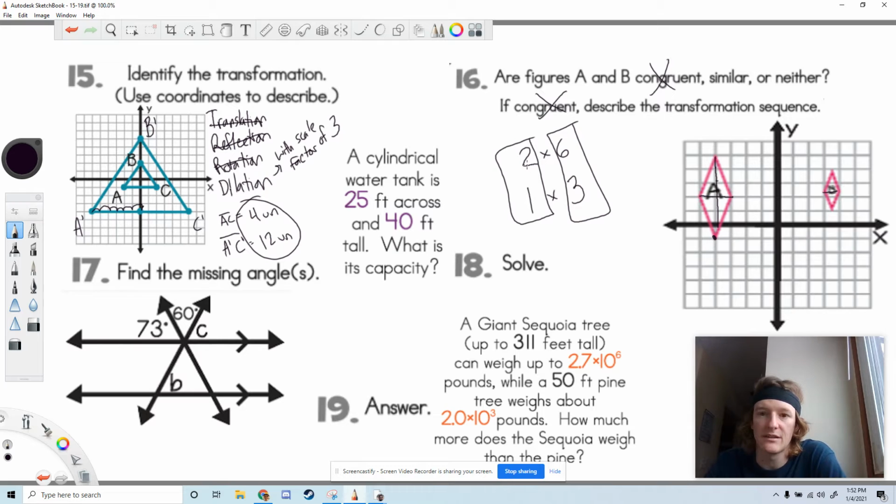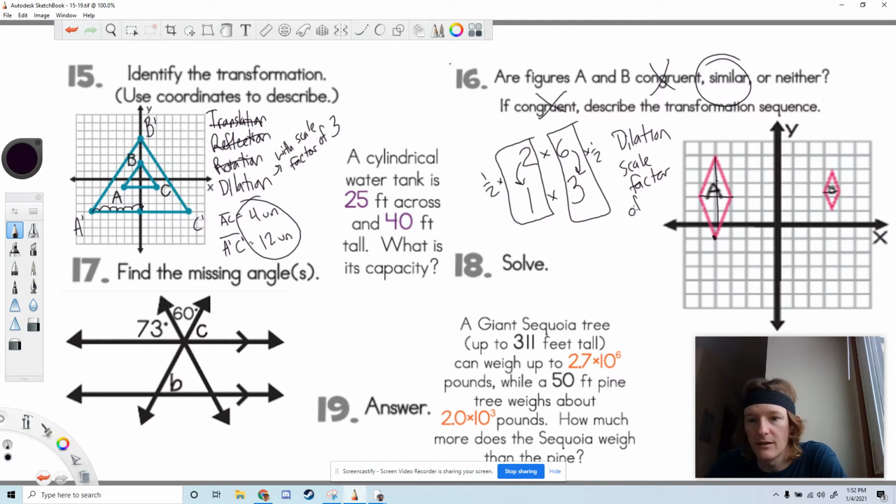Well, I can see that from the big one, we cut it in half. It's always times 1/2, times 1/2. So this is another dilation. These are similar. It's a scale factor of 1/2.